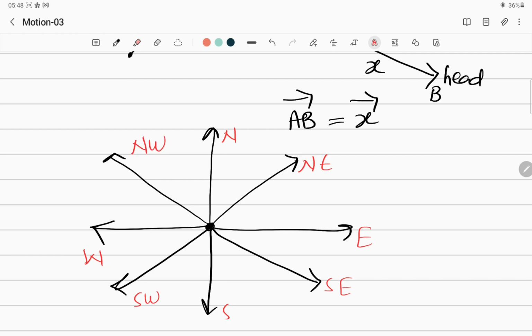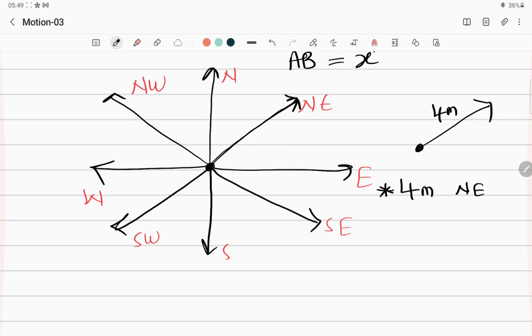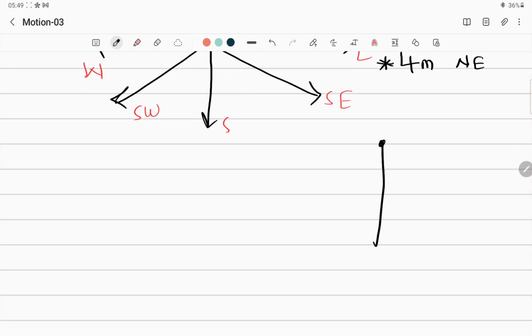If I write any vector like this, 4 meter, this vector is 4 meter towards northeast. Look at this direction, this is northeast. That's how we are going to represent it. If I write a vector like 10 meter like this, it becomes 10 meter south.